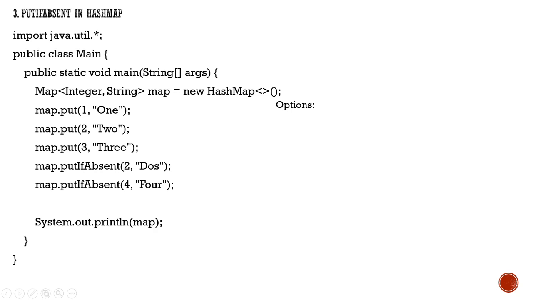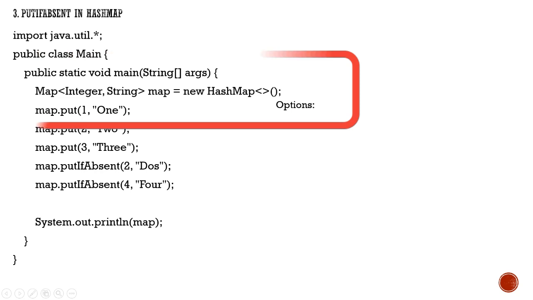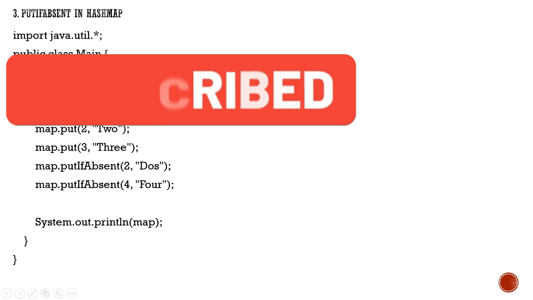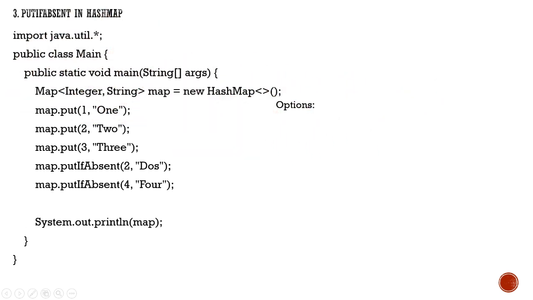I'm trying to put all these elements, and after putting the third element, for the fourth element we use putIfAbsent with the same key, just with a change of the value. Now guess the output. The first option is 1, 2, 3, and 4.